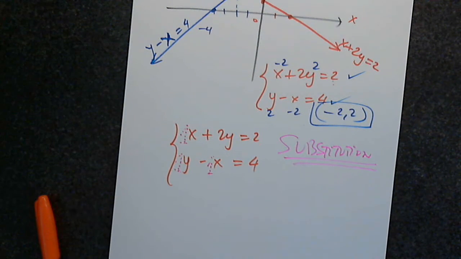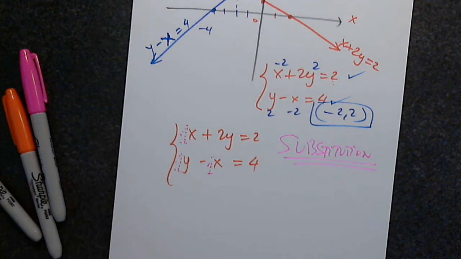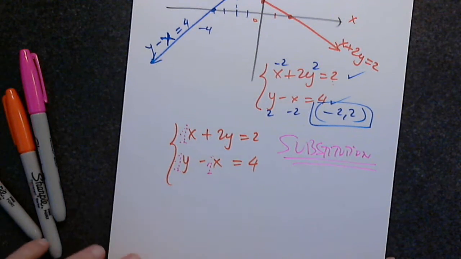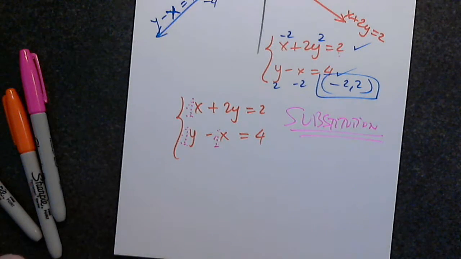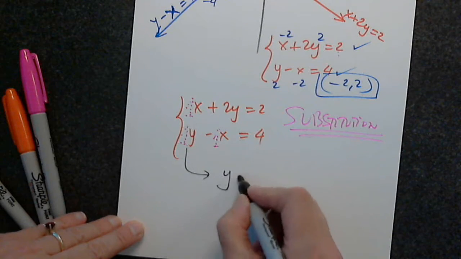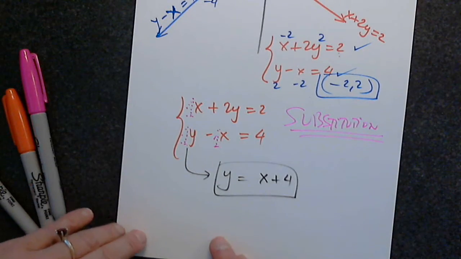So we can solve the first equation for x, and the second one for either x or y. But no, I don't recommend you solving the first equation for y. Okay? So therefore, which one would you like to solve for, and which variable? Solve for y in the second equation. Excellent. So if we want to solve for y in the second equation, then this is the second equation now.